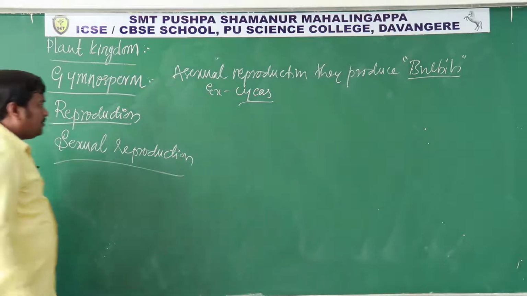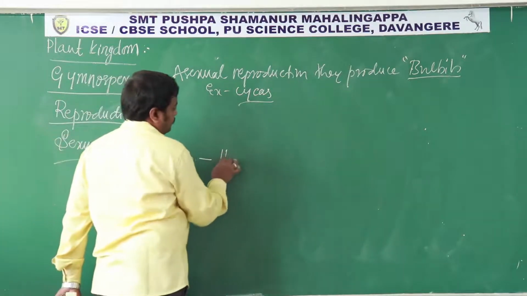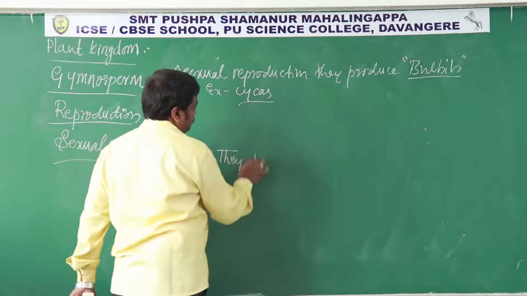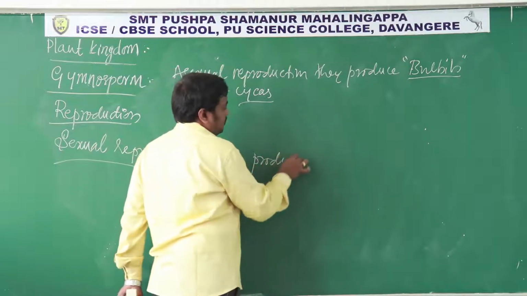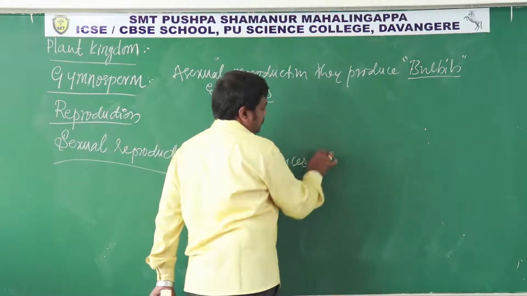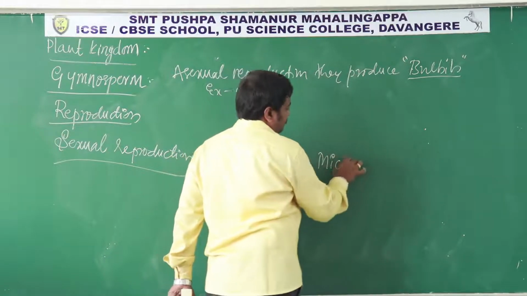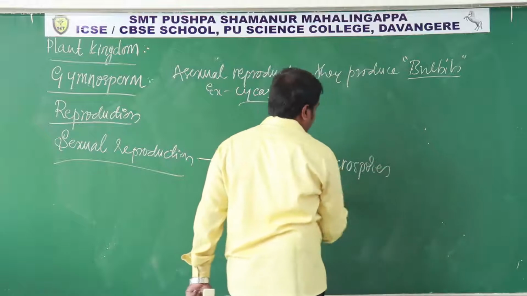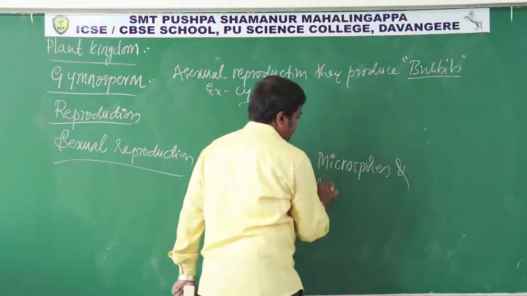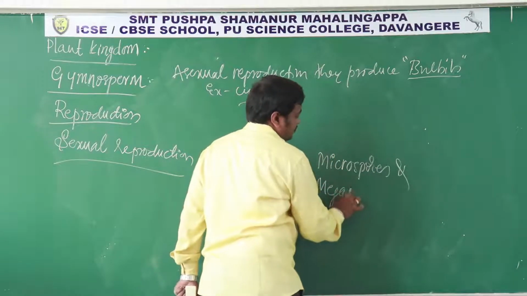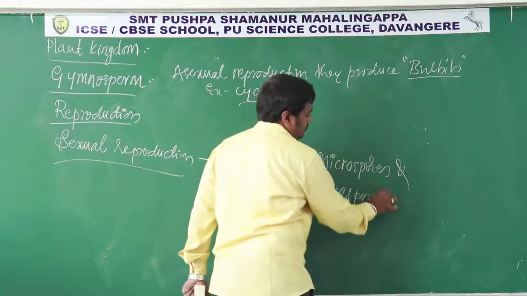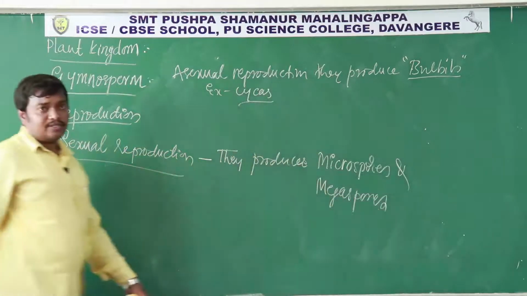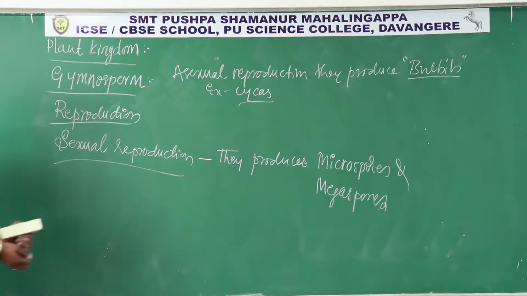Then in sexual reproduction, they produce microspores and megaspores.